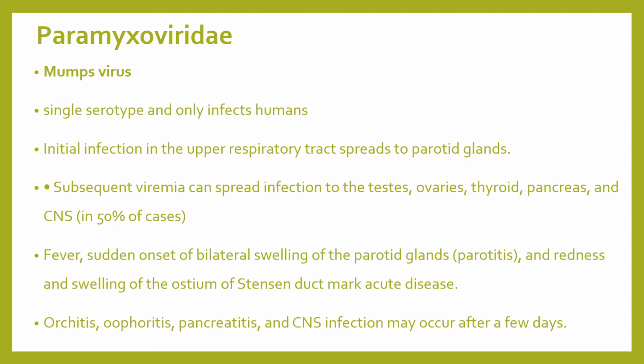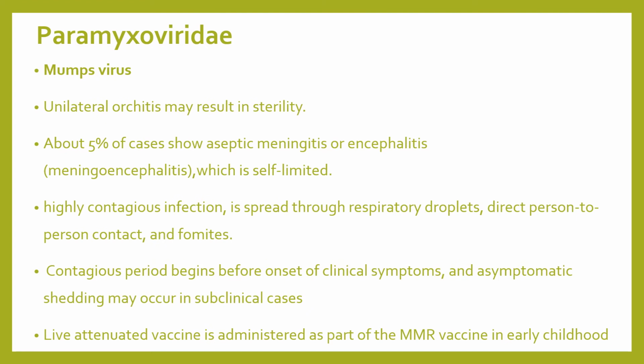Infection of other organs can cause orchitis, oophoritis, and pancreatitis, which can occur after a few days of infection. Orchitis may result in sterility, and about 5% of cases show aseptic meningitis and encephalitis, or even a combination of both, meningoencephalitis, which fortunately is self-limited.